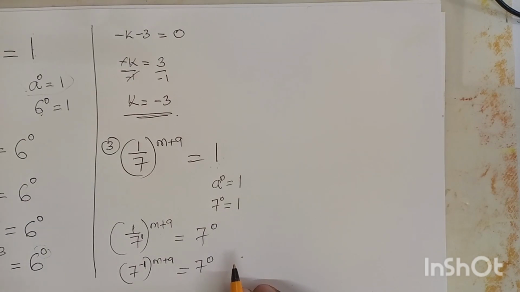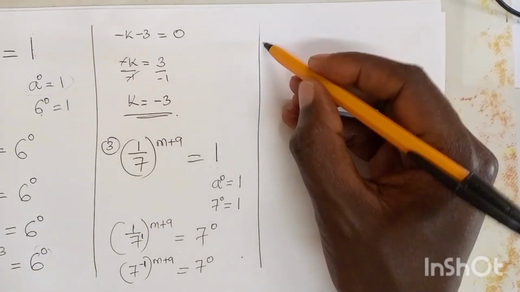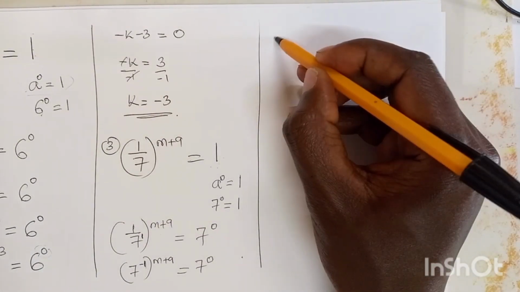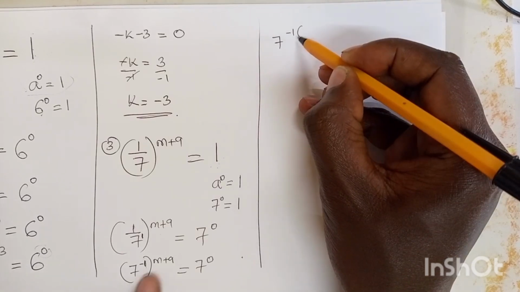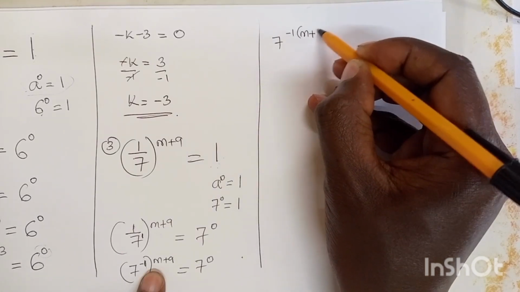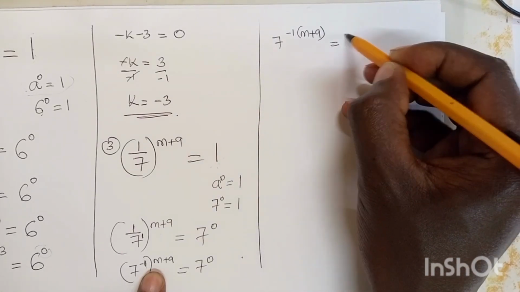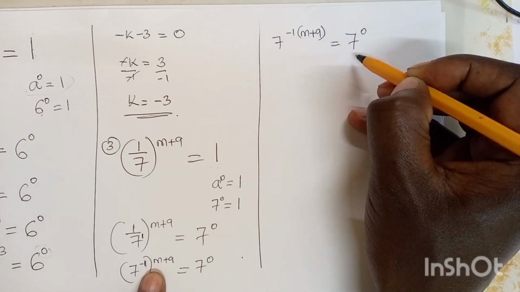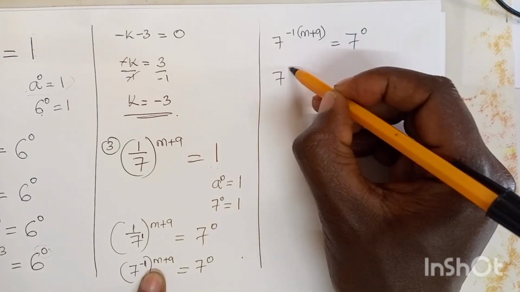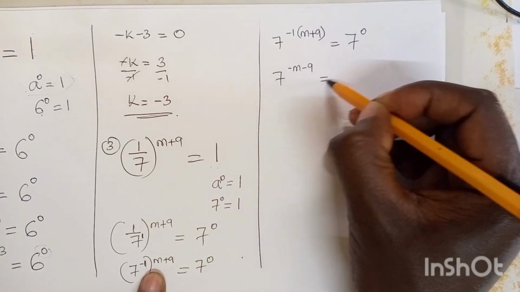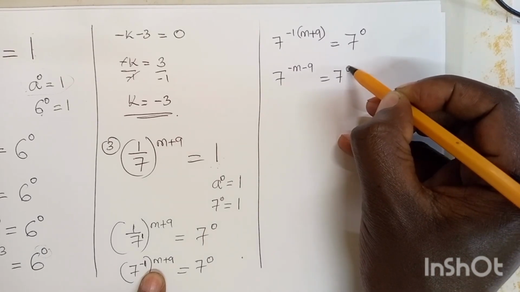Now we can move on to see how we solve this one here. This will be 7 power negative 1 going with m plus 9, shall be equal to 7 power 0. So this one becomes 7 power negative m minus 9 equals 7 power 0.